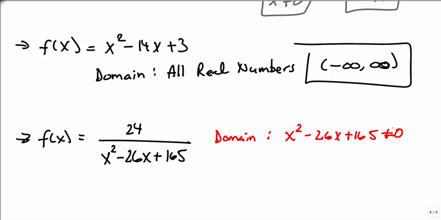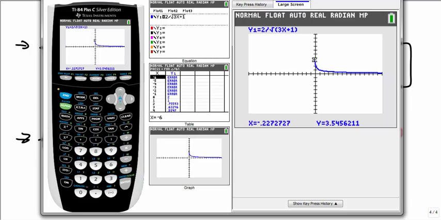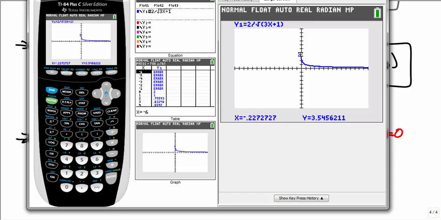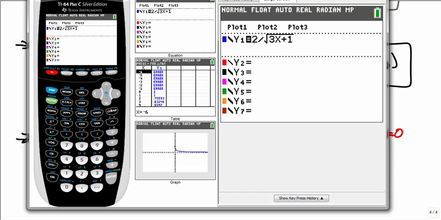Well, the first thing we want to do is think about factoring this. Now, whichever method you use, AC method, you could also use reverse FOIL. I always like to graph these because that gives me an idea. So x squared minus 26x plus 165, and my numerator was 24. So let's hit y equals, clear this out.